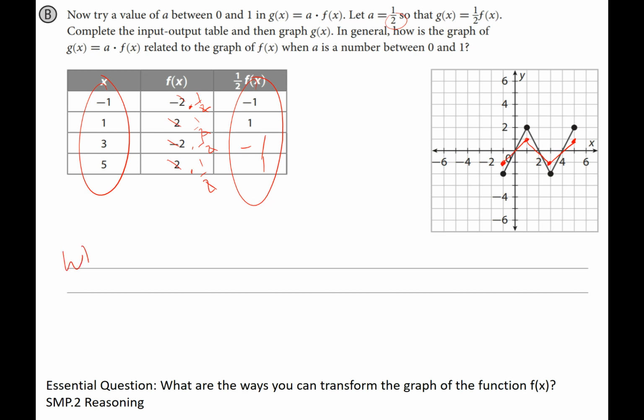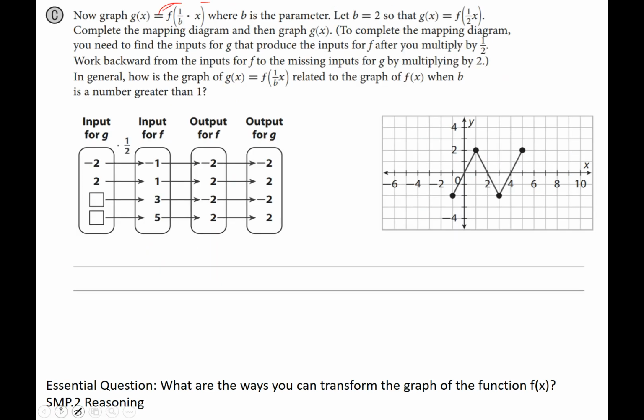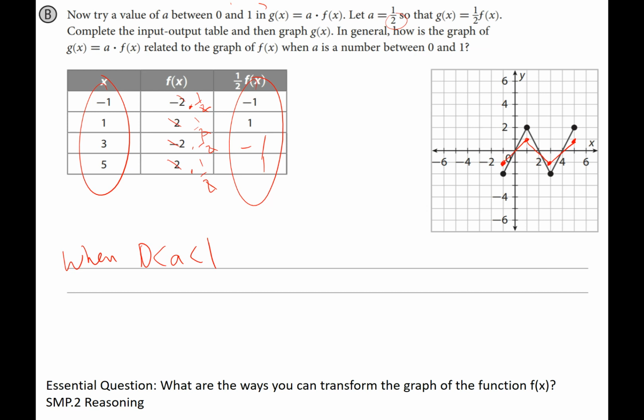So when a is between 0 and 1, which was our parameter, that's where we got this, and this is the fancy way to write that domain. So when a is between 0 and 1, g of x equals a times f of x is compressed vertically.